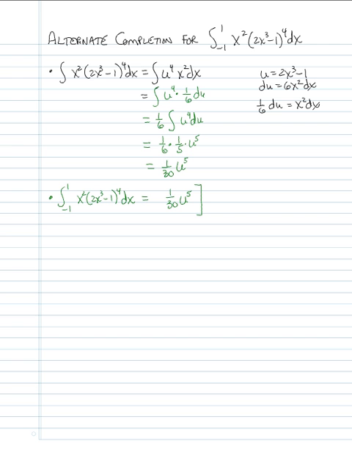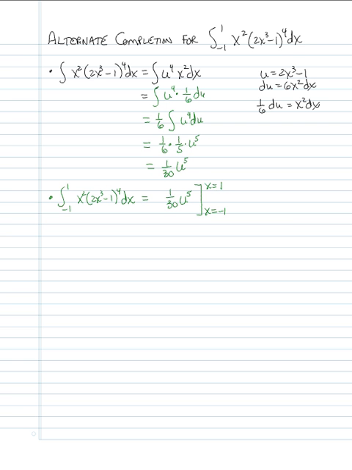But here's the big deal. That -1 and that +1 represent x values. That's x equal negative 1 to x equal positive 1. And of course, we have u to the 5th power, so we can't put a 1 in for x because there's no x.